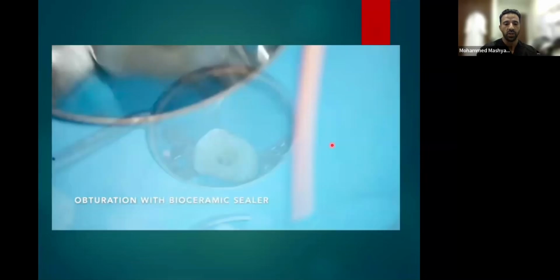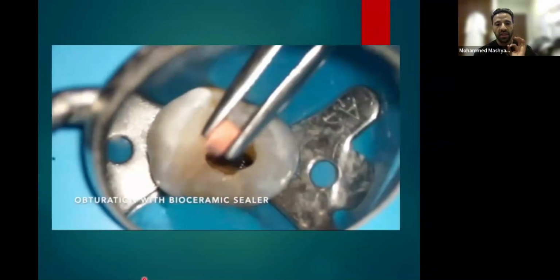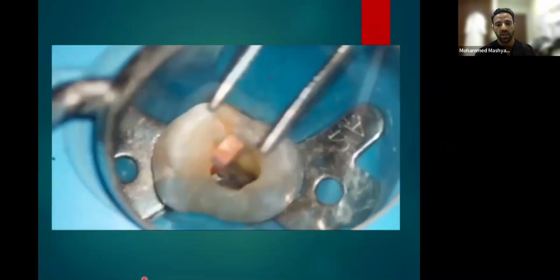Here I will show you some videos of how it looks after fitting the cone. So the cone here has the fit at the apex immediately, and he cut that with the heat source.